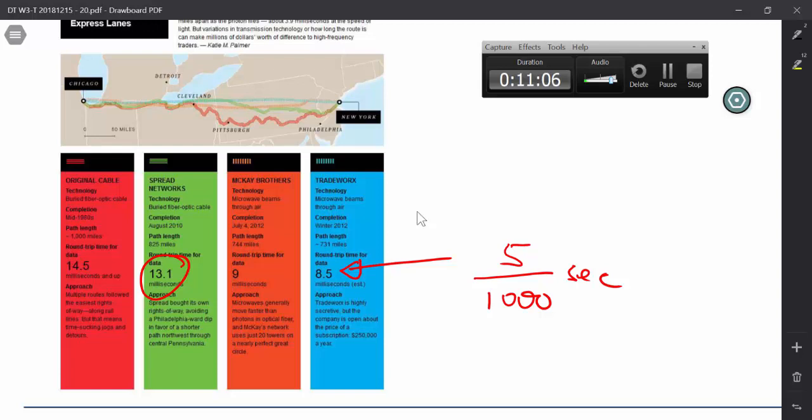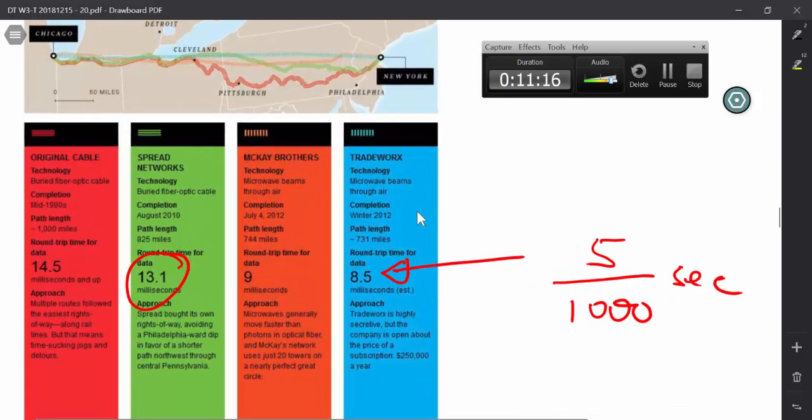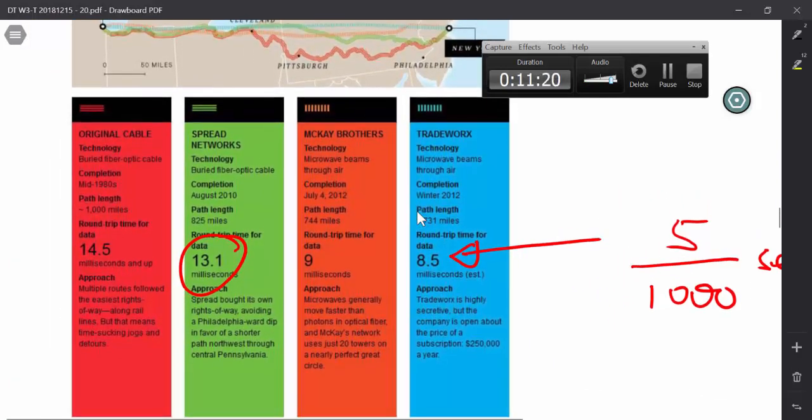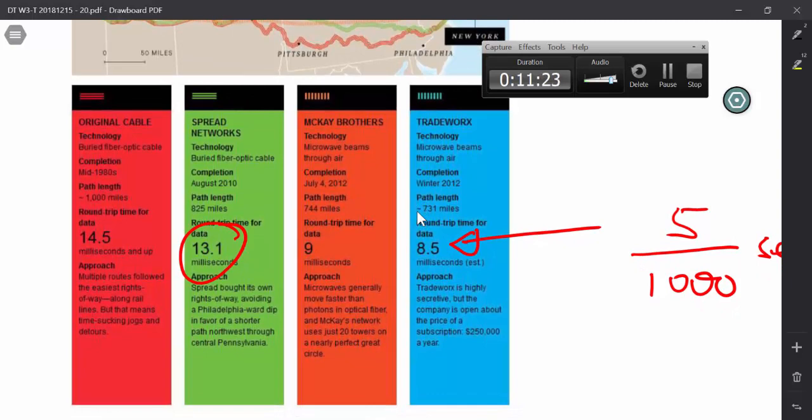So there is some potential room to arbitrage between prices if you are fast enough. And there was already an original cable, which would do a round trip, sending a signal from New York to Chicago in 14.5 milliseconds.